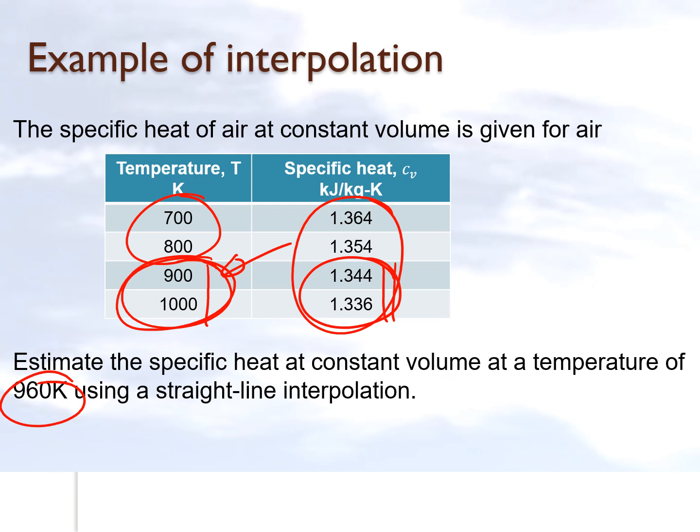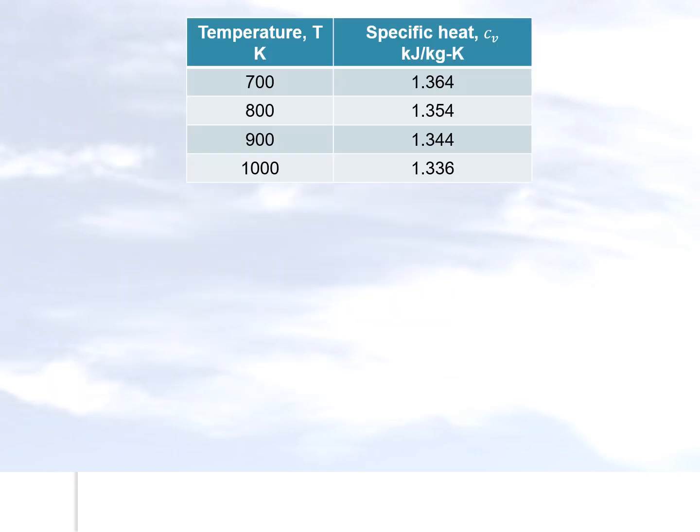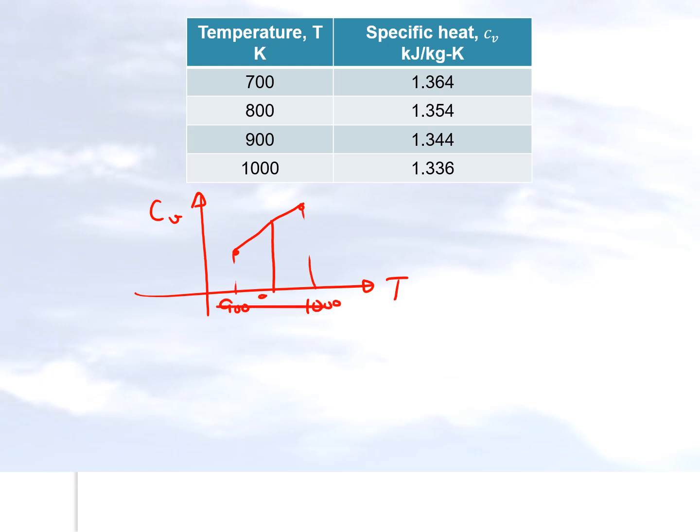So we are going to draw these 2 points here, where this is specific heat at constant volume, this is temperature, and you're going to draw a straight line. This is 900, this is 1000, and you want to find out what happens at 960. That's what's going to give us the corresponding specific heat right there.